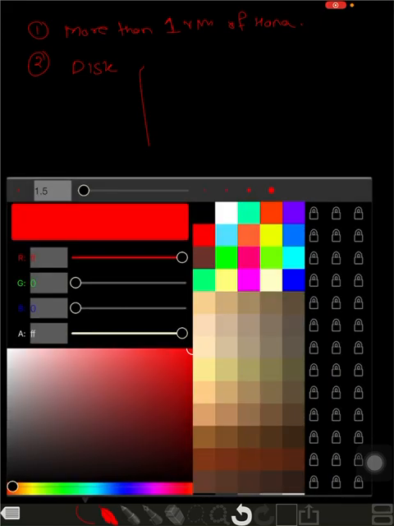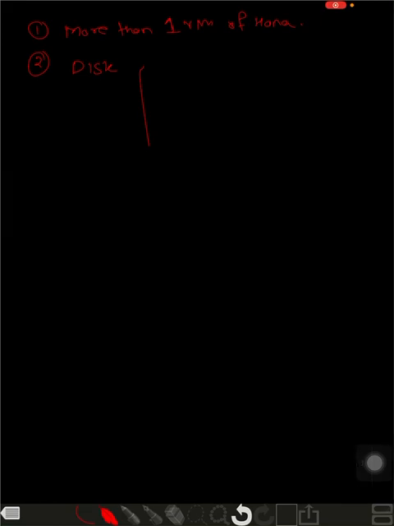Now a second requirement: a disk which can be read and written from all the VMs.